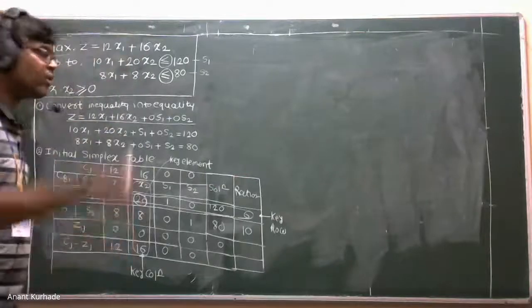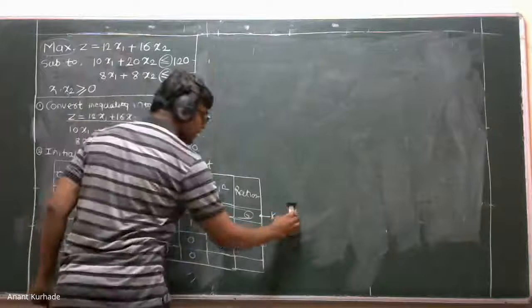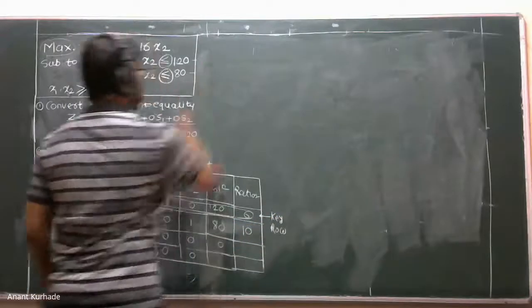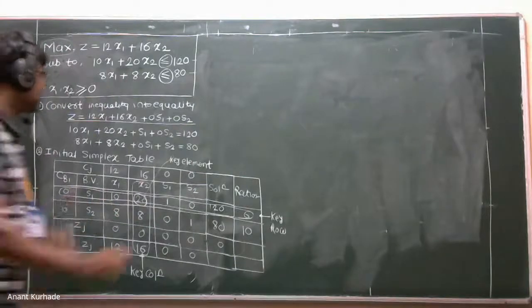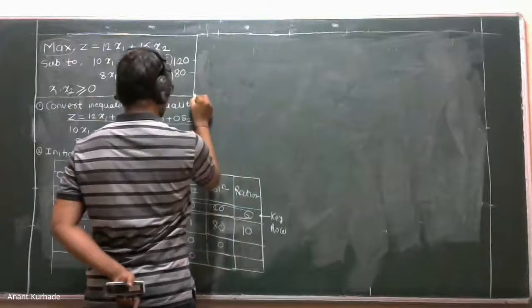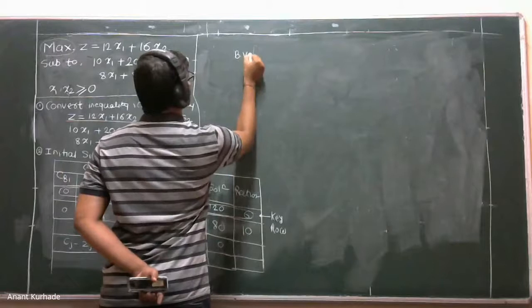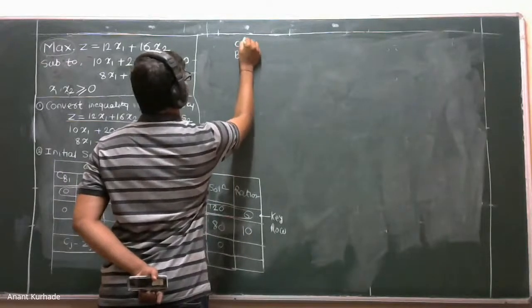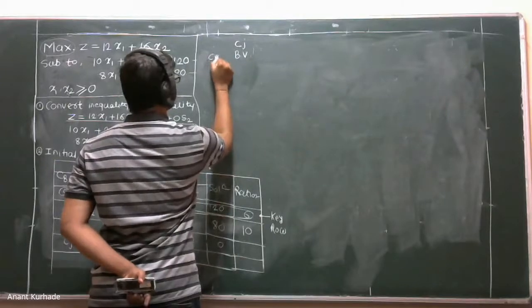Then now we will go further. So it is the first iteration. All parameters are same. It is basic variable, and above this it is Cj. Below this it is Ci.